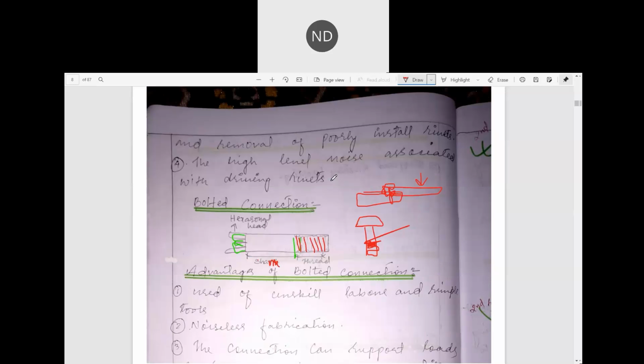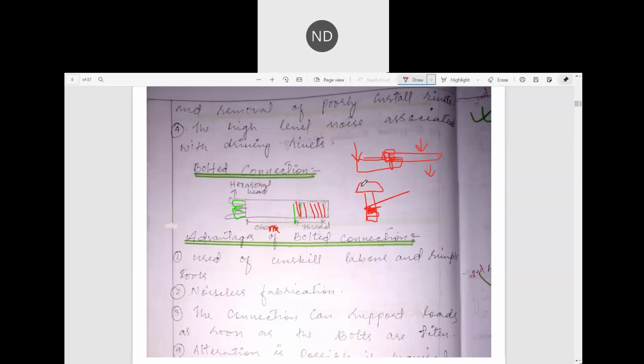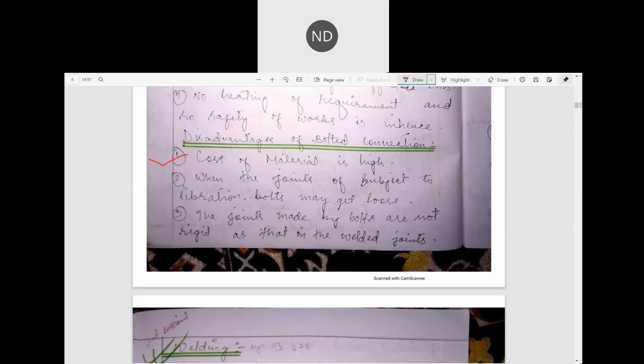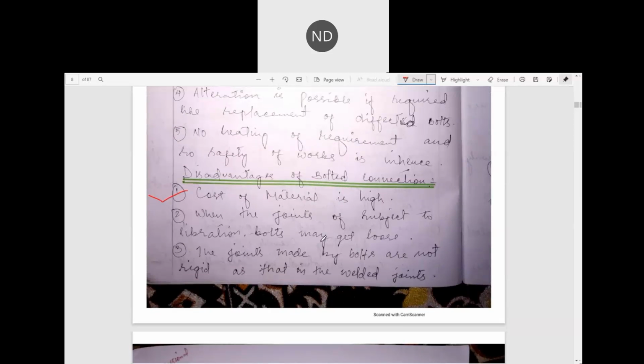Suppose when you connect these two plates and your bolt does not tighten properly, obviously the connection is loosened, so it will tend to fail faster because it will not be able to resist the loads falling on that plate. So this is one disadvantage.